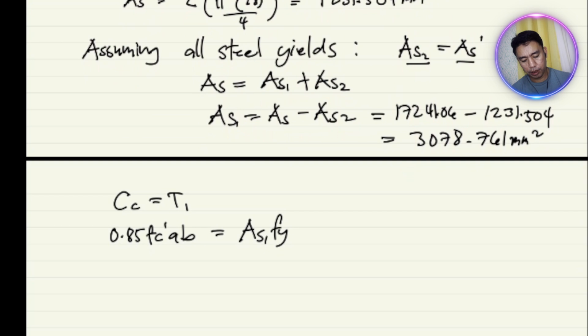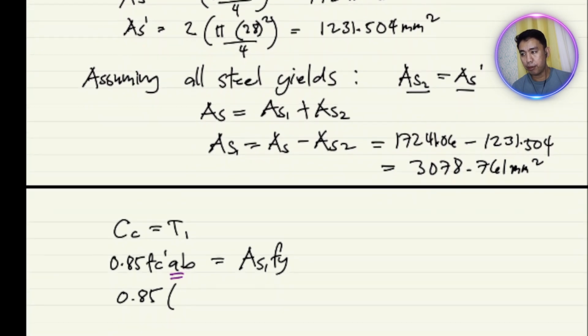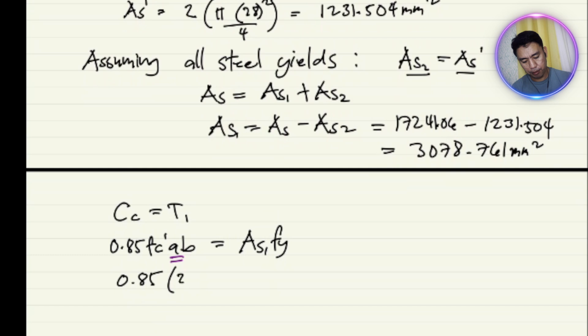Ang point natin dito na is hanapin yung A. We will solve the A. Okay, so we have 0.85 of FC prime. We have our FC prime of 21 megapascal times A. Ito yung unknown.